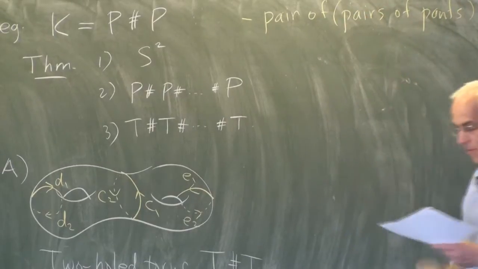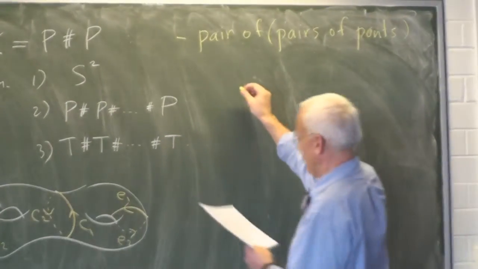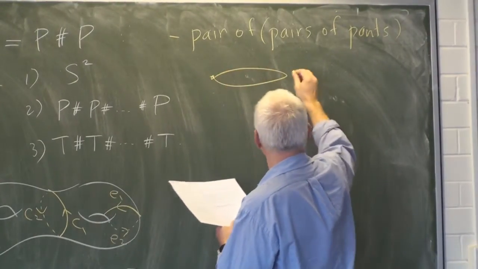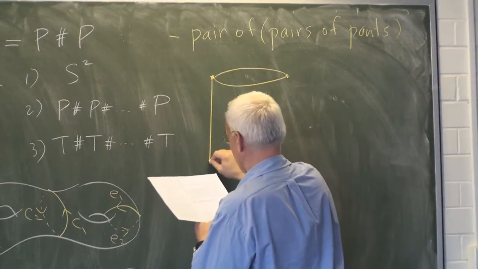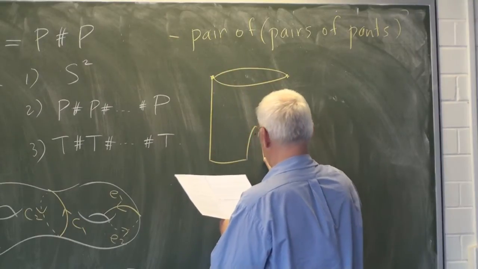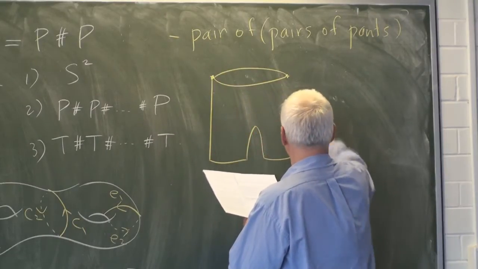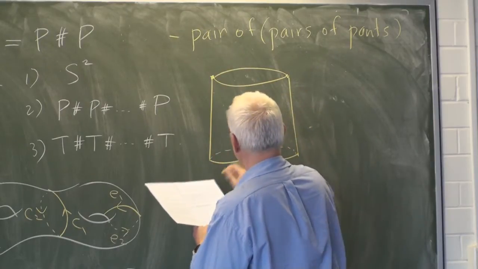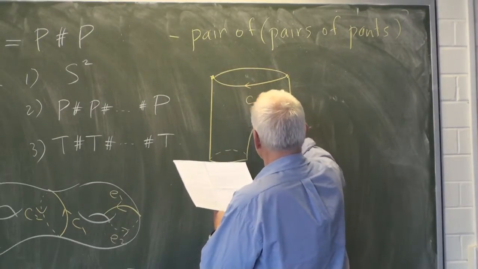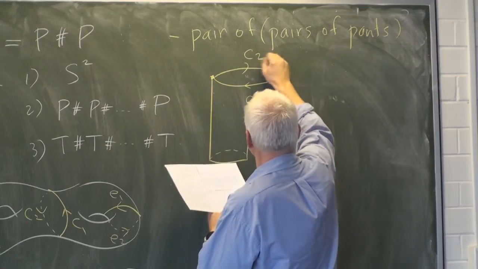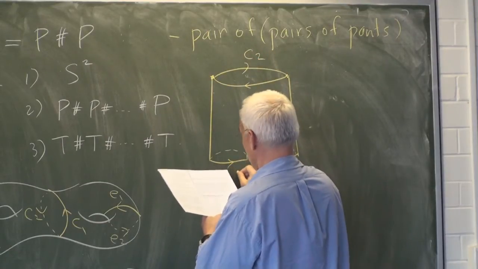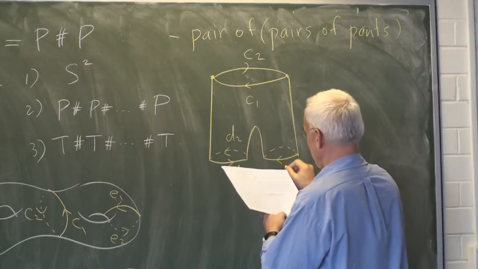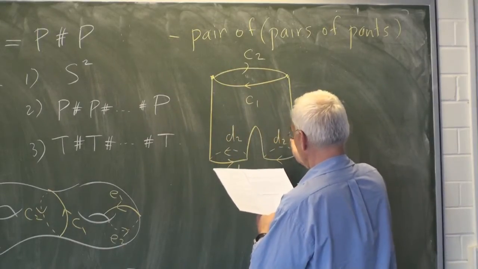Not sure if that's grammatically correct, but so C1, C2, D1, D2, and D1, D2.